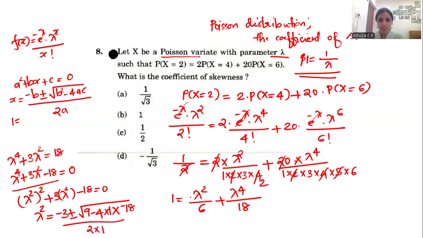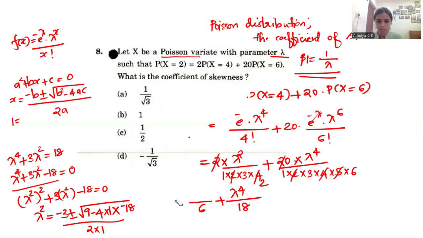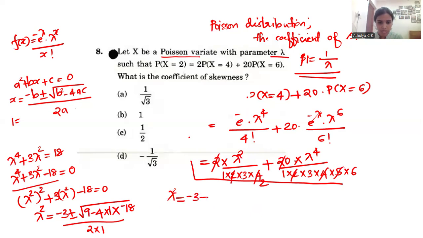Right? So we'll get lambda square is equal to minus 3 plus or minus root of, 4 into 18, it is 72, right? 9, and minus into minus will become plus.